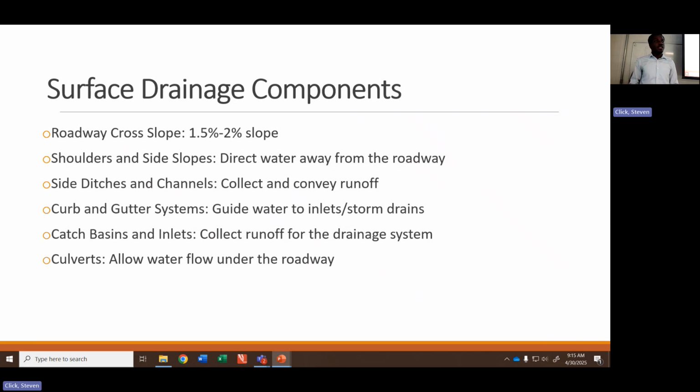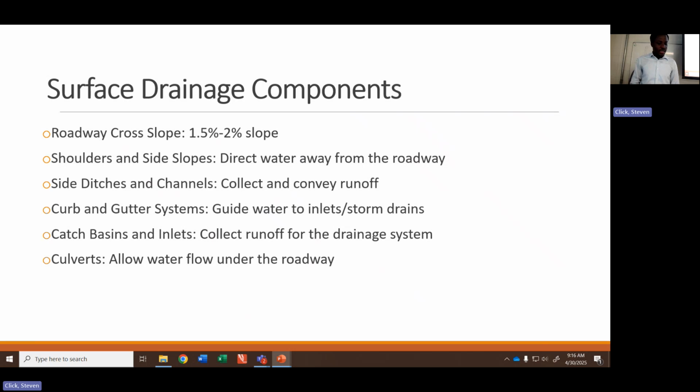These are some of the components of the road that make up the surface drainage components. We have the shoulders, side slopes, and cross slopes that also help drain water along the roadway. We have side ditches and channels that can be located either at the median or on the sides of the roads. We have curbs and gutters along the road shoulders to also help drain water from the road surface.